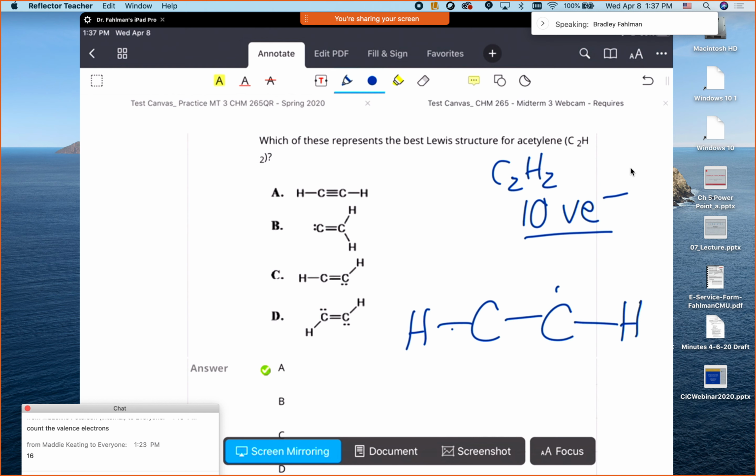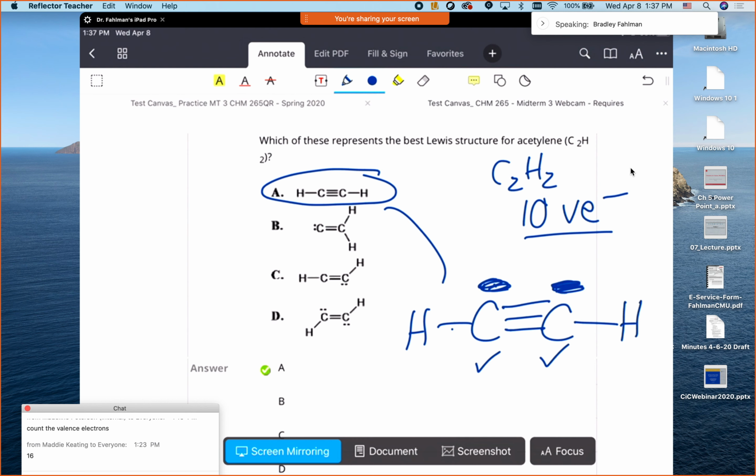So you could say like 7, 8, 9, 10, maybe. And then you see the carbon doesn't have an octet. And so the way to do that would be, let's say that. But it's still not satisfied, so then you do that. And so now each carbon has an octet. All right, and that is the proper Lewis structure.